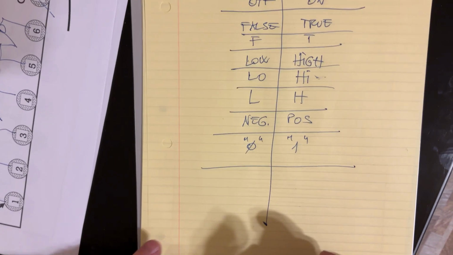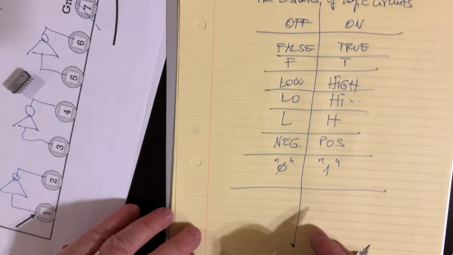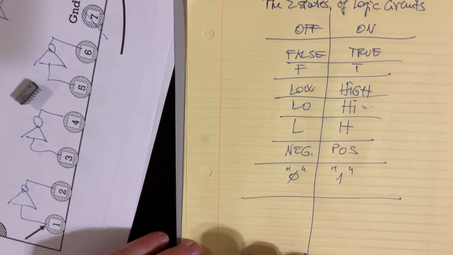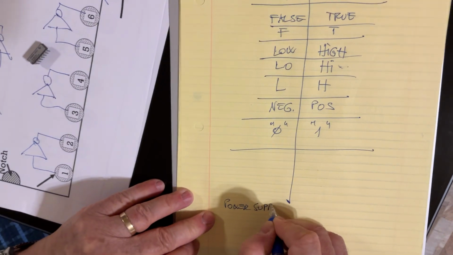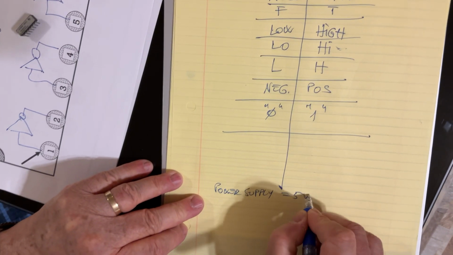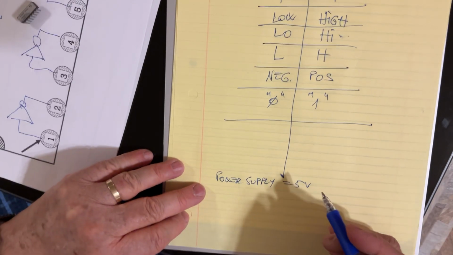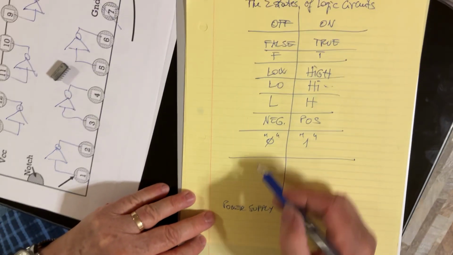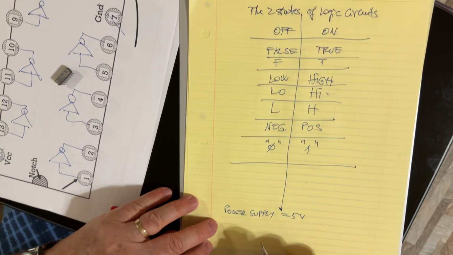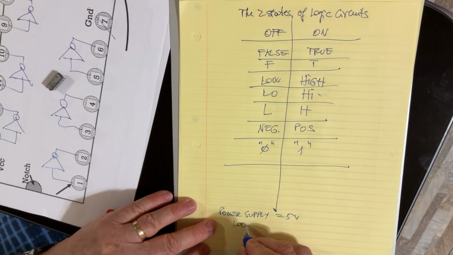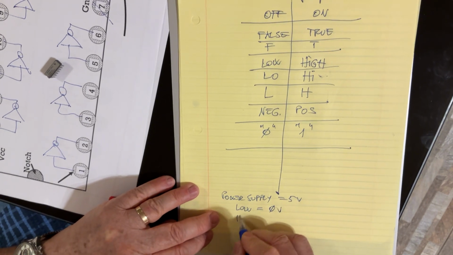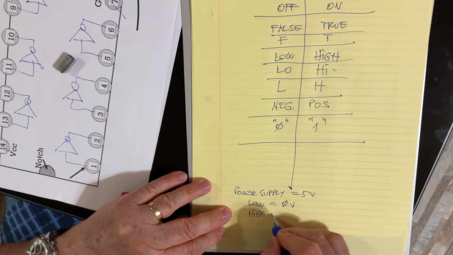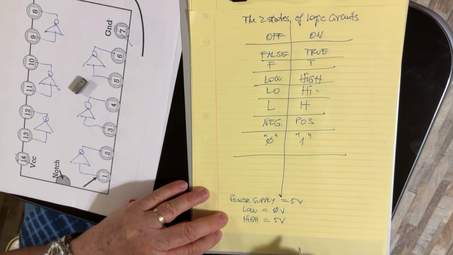Now, the power supply for these packages is 5 volts. And we expect, for the 0 logic, which is on the left column here, the low state to be 0 volts and the high state to be 5 volts.